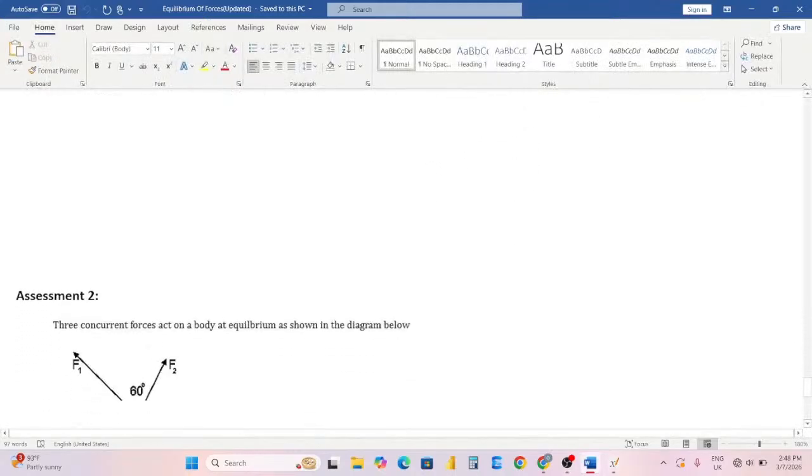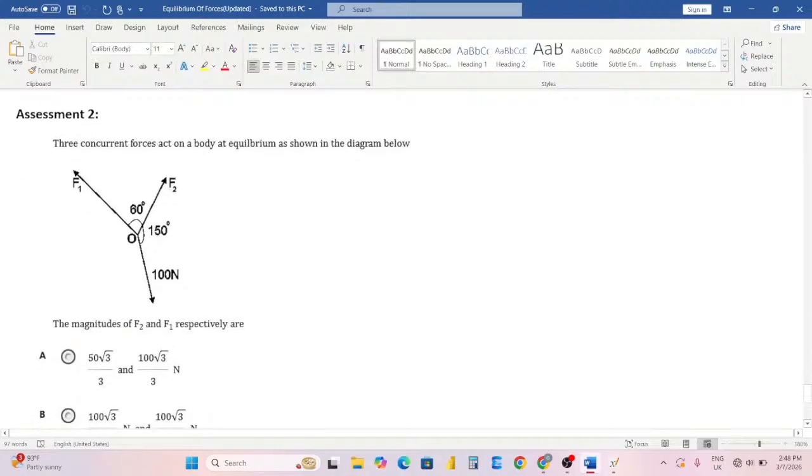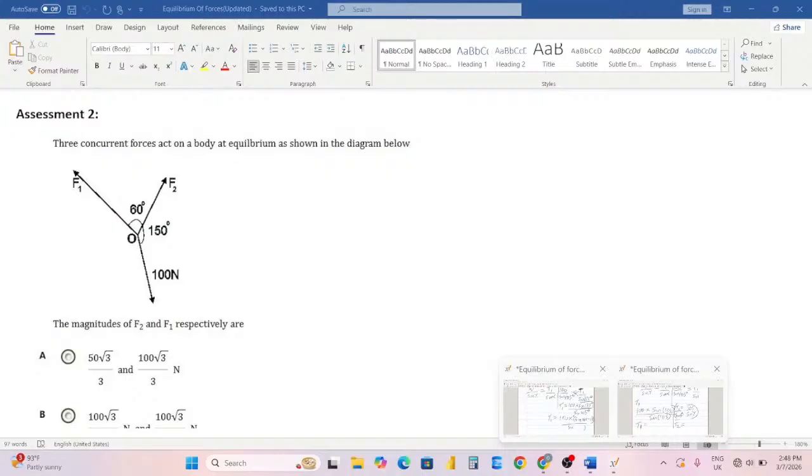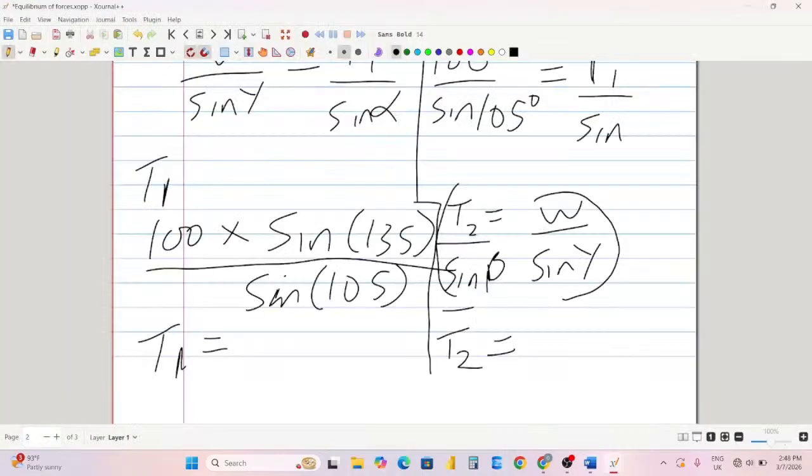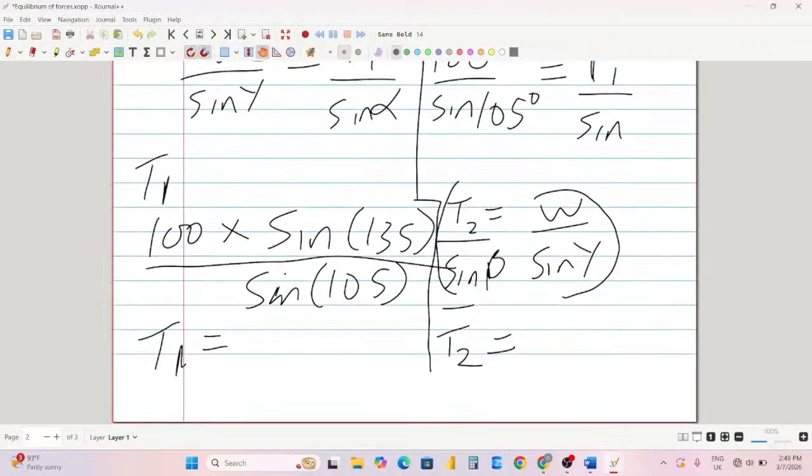So let's look at your assessment. This is where the class ends with this question. You can attempt this. We're just analyzing it. Let's take it over to that page, 60, 150, 100. So what we have is, let's draw it.